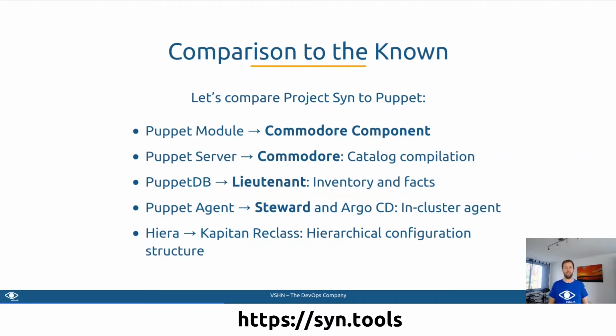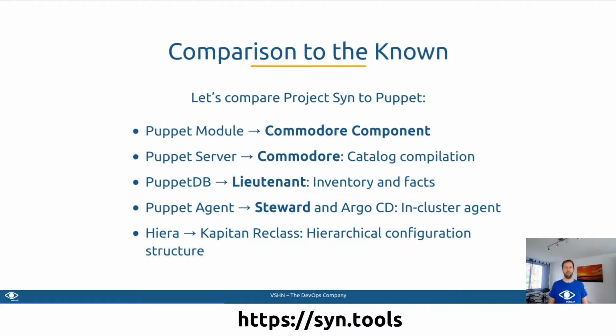Same in Project Syn, this is done by Commodore. It gets its information from the central inventory, passes this information to the compilation engine, Kapitan, and will output a catalog of YAML files which then can be applied to the Kubernetes cluster.